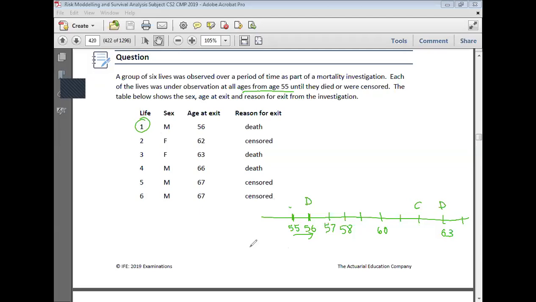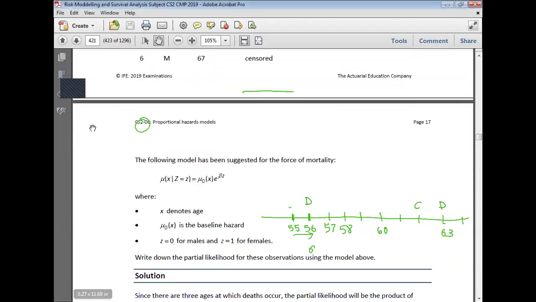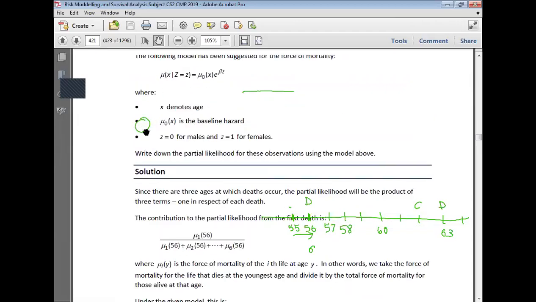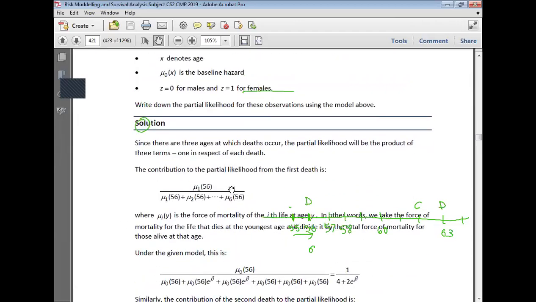So the number of people exposed to the risk of death was all of these people, which is 6, right? And that is the reason why, if you now try to figure out the contribution to the partial likelihood for the death of this particular person, you will see mu_1(56) upon mu_1 till mu_6 to take into account all the 6 people. But again, for this X here, age, you have 56 everywhere.